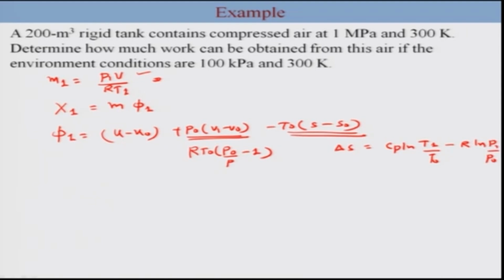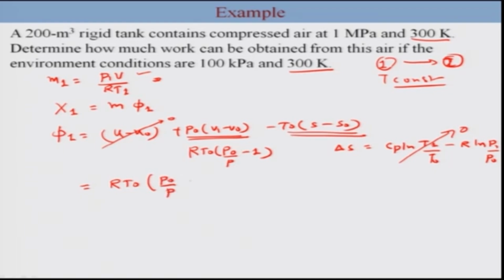Note that the temperature is not changing here, that means from state 1 to state 2 T is constant, only the pressure is changing, correct. If that is the case, this is 0 because u is the same as u0 for the ideal gas, and this would also be 0 because T1 is the same as T0. Thus, this expression can be written as minus T0 times minus R ln(P1/P0).